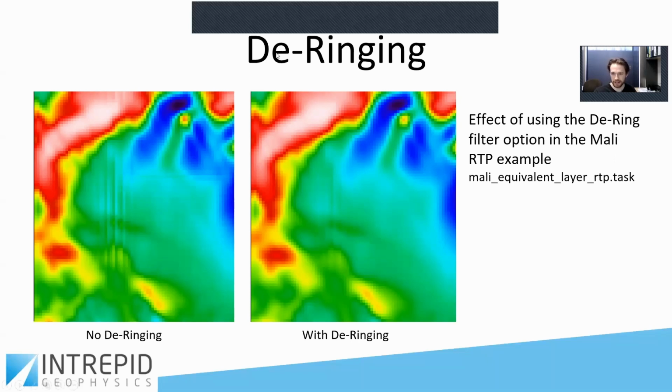So you've got a high frequency decorrugation tool effectively built into the RTP method. You can see the vertical streaks here, and they've been mostly neutralized in the output. So this is just some extra tools you have built into the equivalent layer tool to hopefully improve the quality of the grid.